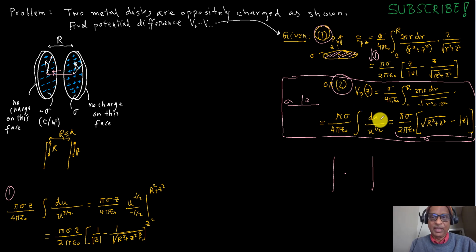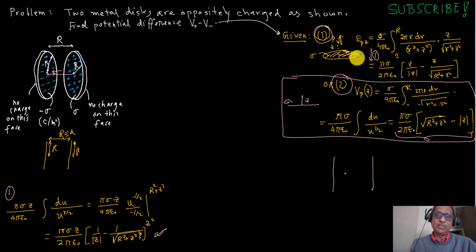So let's do that. The reason we do that is because the charges are distributed on finite size disks, so the electric field path is much more complicated. You can set up the integral, do it out, and then you get this answer. Hopefully I did the integral correctly.